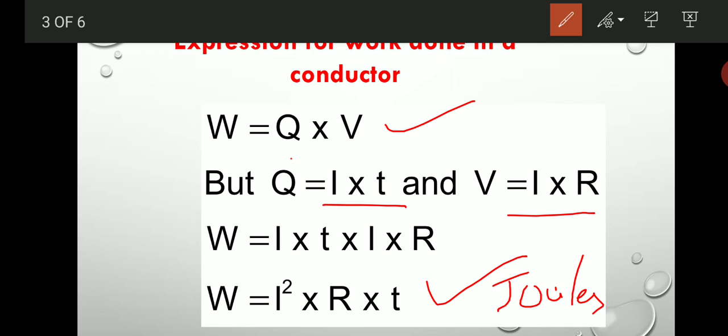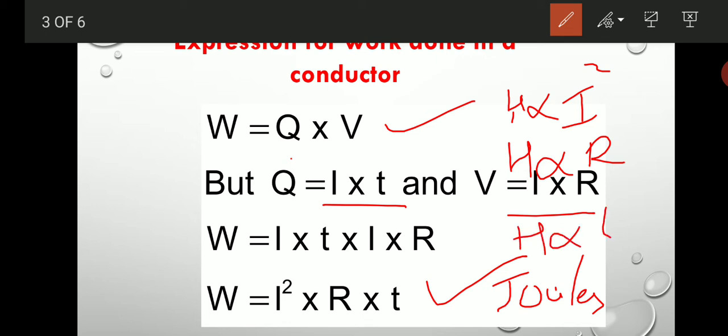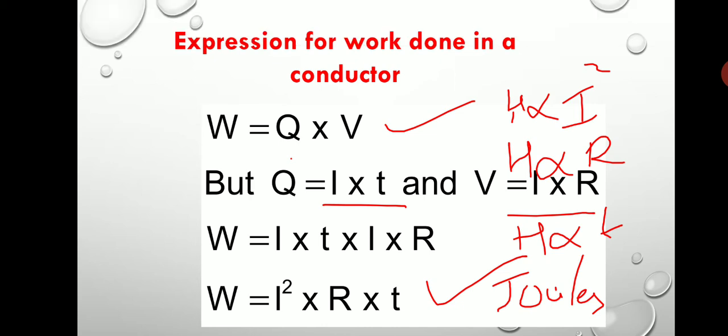So H is directly proportional to I square, that is square of current, and it is directly proportional to the resistance and it is directly proportional to the time for which the current flows through the resistors. I hope this is clear.